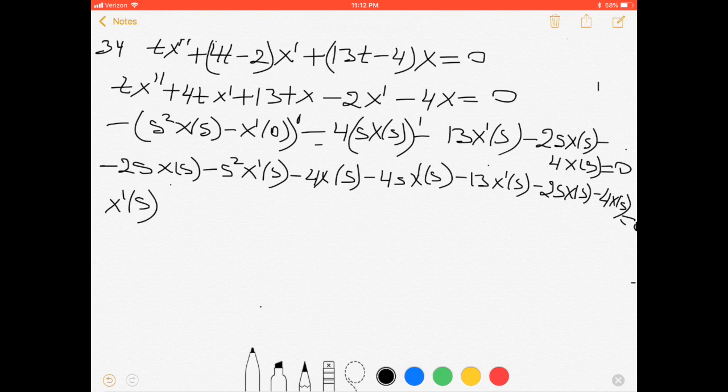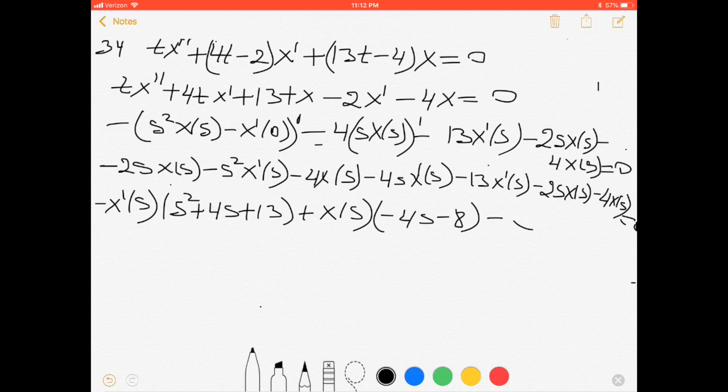the x prime to the s, I have s square, then I have 4s, and then I have 13. Then we have plus x to the s, and if we simplify, we have minus 4s minus 8 equals 0.